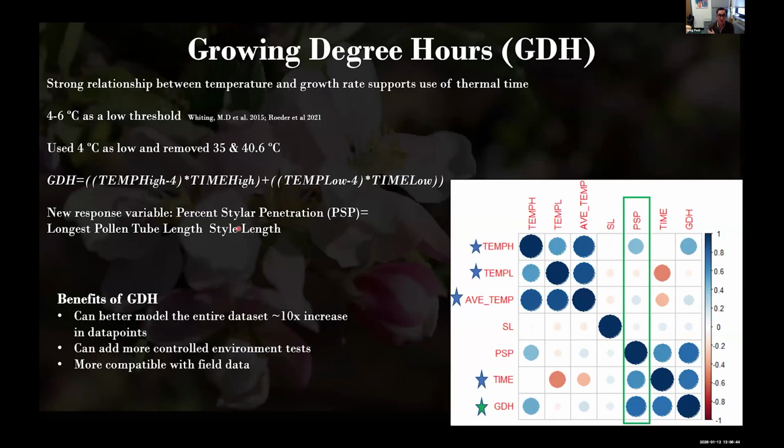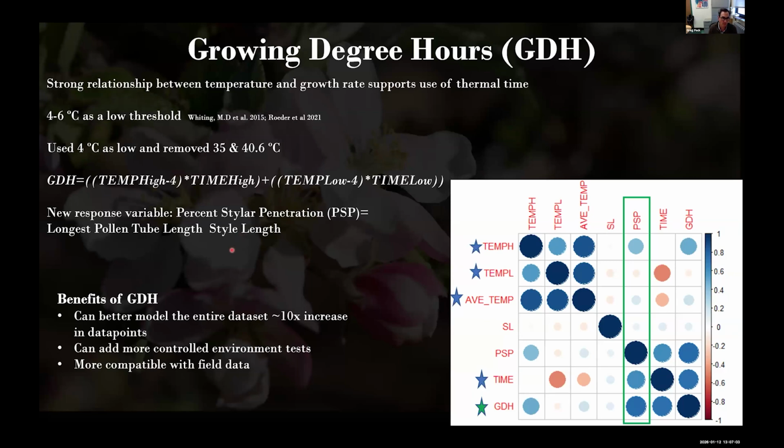One of the things that Brent did first was look at what the important variables for the model are. He quickly realized that using thermal time, or growing degree hours, is probably going to be a better input than using temperature alone.